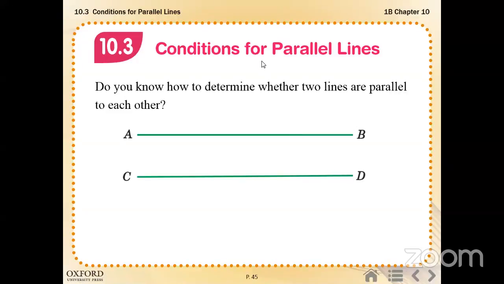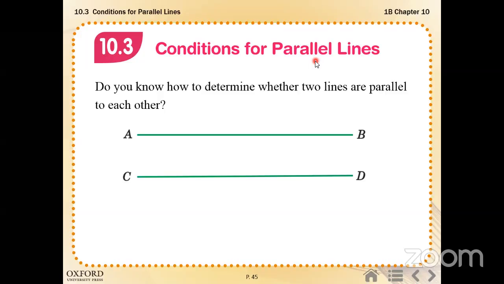Now, session 3, as you can see from the title, is about conditions for parallel lines. It means if you are given two lines, how can we tell whether these two lines are parallel?